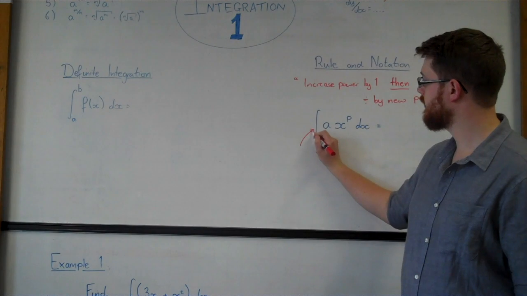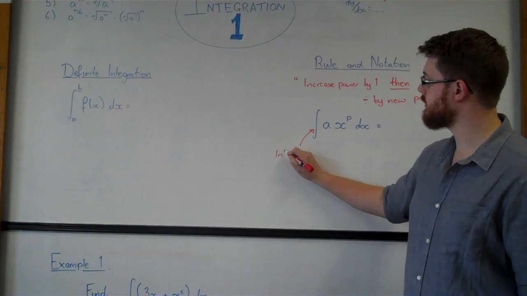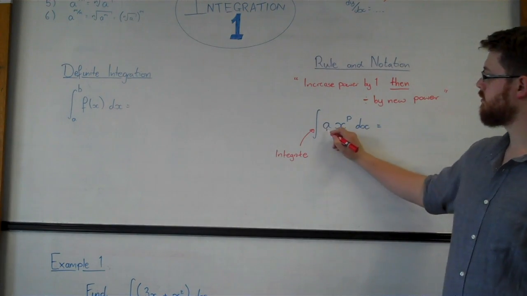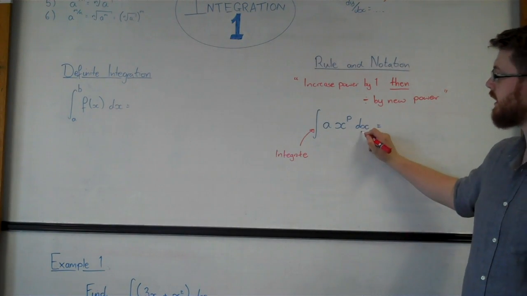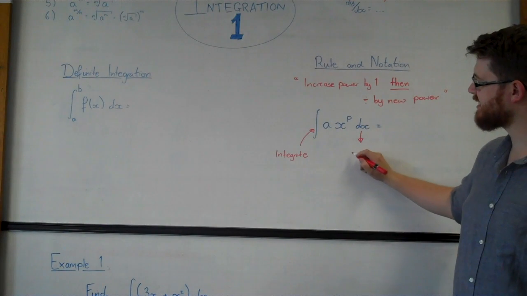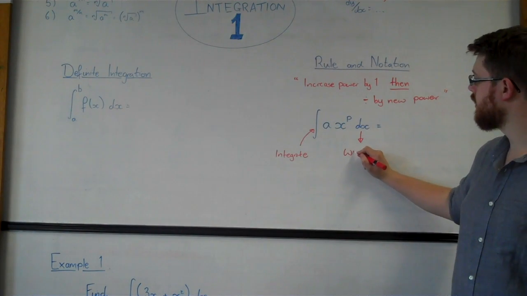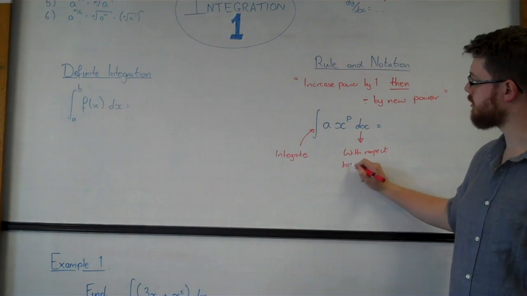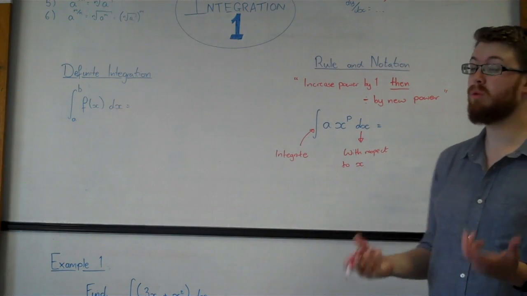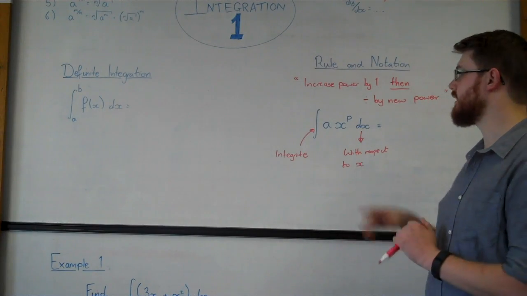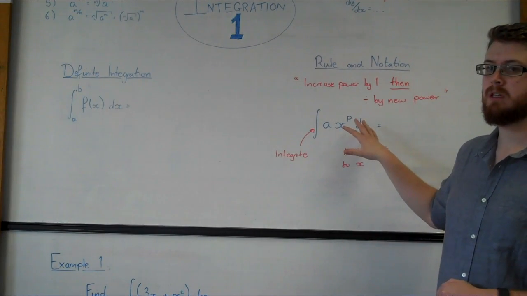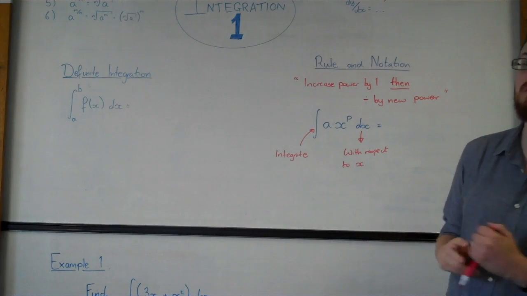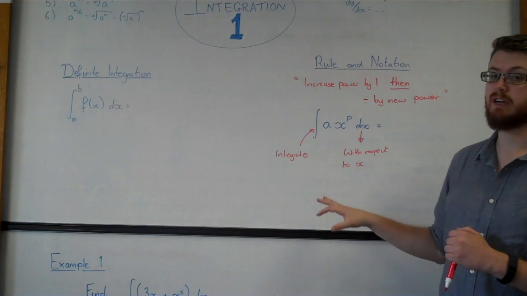This bit tells us we are integrating ax to the p, and then this dx means with respect to x. All that means is that x is the thing that follows this rule. Any other letters that we've got kicking around, don't do that. And that's all that means so far.